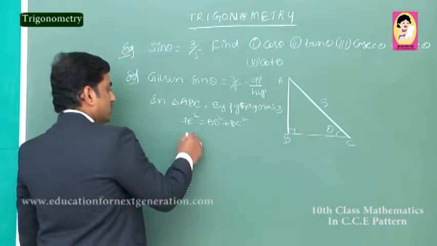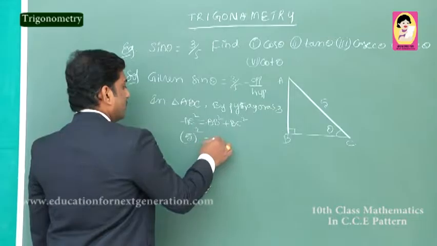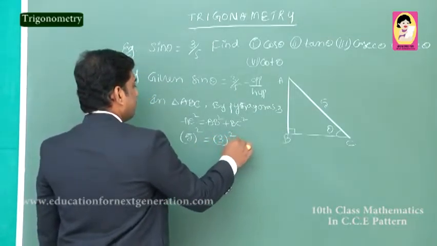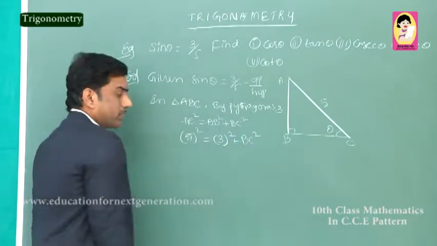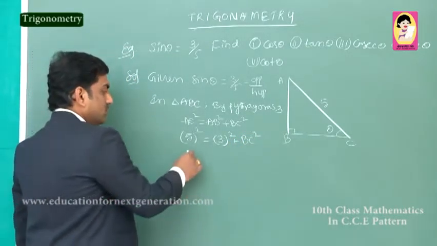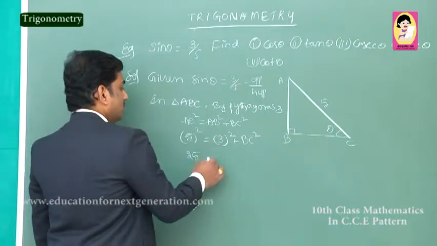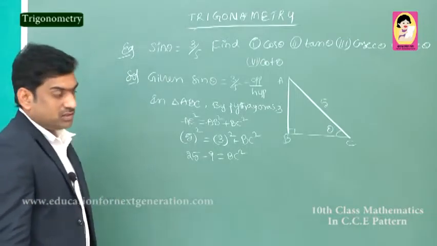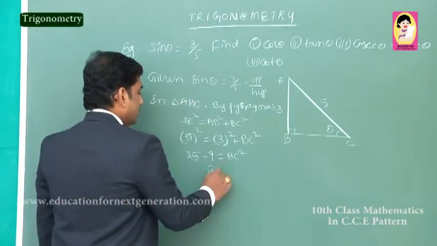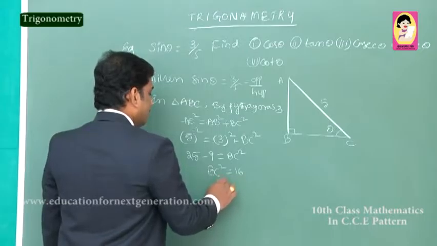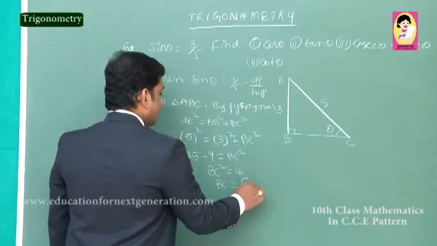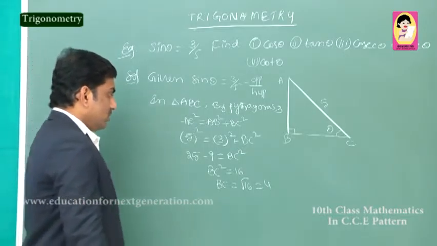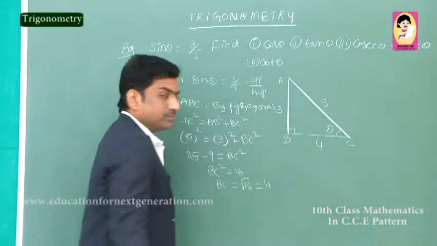So here AC square is 5 square is equal to AB square, AB is 3, so 3 square plus BC square. 5 square is 25. 25 minus 3 square, which is 9, is equal to BC square. 25 minus 9 is equal to 16. So BC square is equal to 16, and BC is equal to root of 16, that is 4. The positive square root should be considered here. So BC is equal to 4.